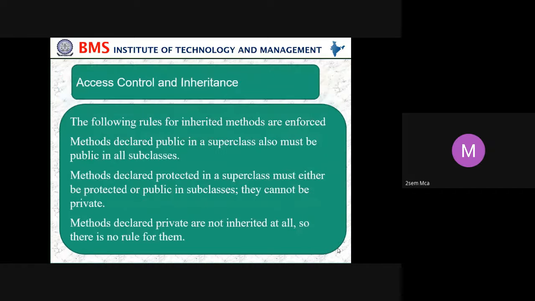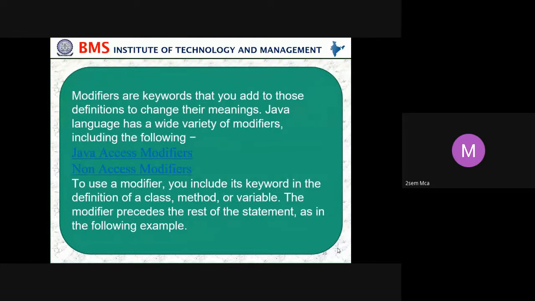Then we saw one program and started with access control and inheritance. How do we access control? We saw the Java access modifiers. We know that there are four Java access modifiers: default, private, protected, and public.